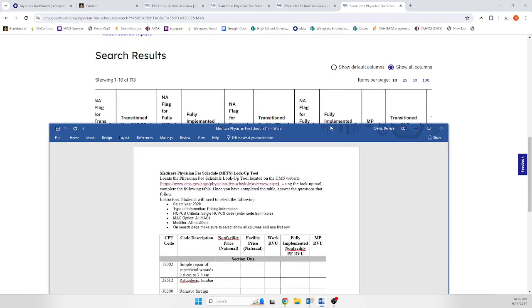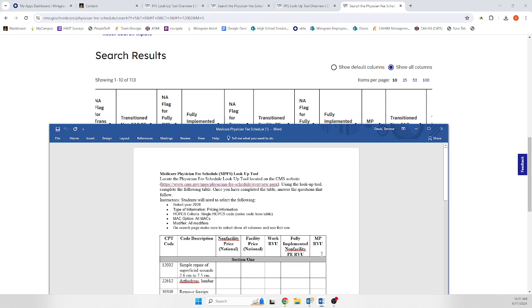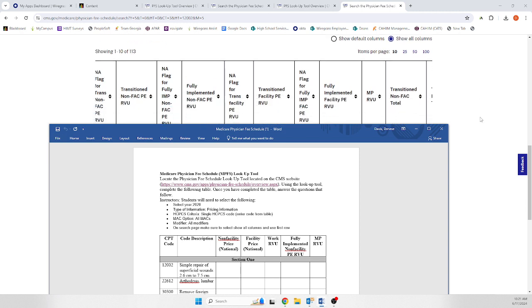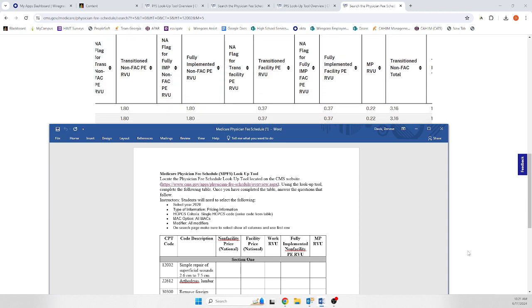Let me see if I can make this narrow. So do you see where I'm coming? Let me see if I can go up here. So all I'm doing is filling in this. So my non-facility price, see my MPRVU is 0.22. Fully implemented non-facility PERVU is going to go here, 1.8.